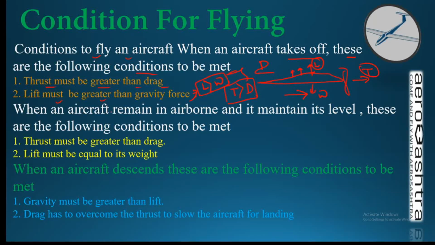When an aircraft remains airborne and maintains its level, these are the following conditions to be met. That means your aircraft has climbed to a particular height and it has to maintain this height with constant velocity. It should have constant velocity and a constant height.